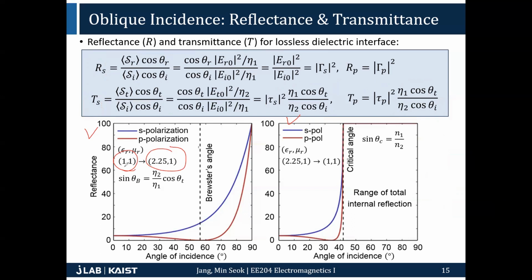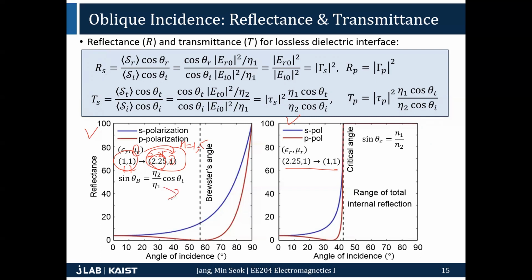Okay, so you have epsilon r and mu r of 1, which means it's air, free space, and then mu r is 1, which means it's non-magnetic material, but epsilon r is 2.25, which means n is 1.5, right? So this is the same as air to water incidence. And this is the other way around, water to air. You shoot light from the water to air interface.